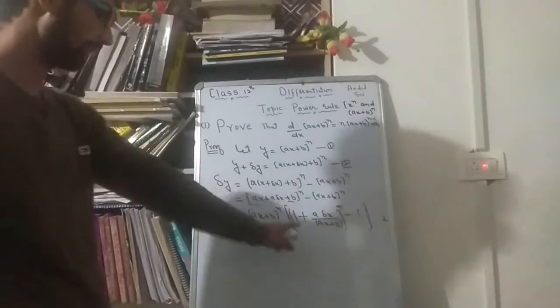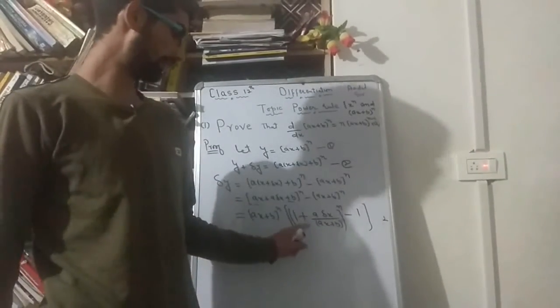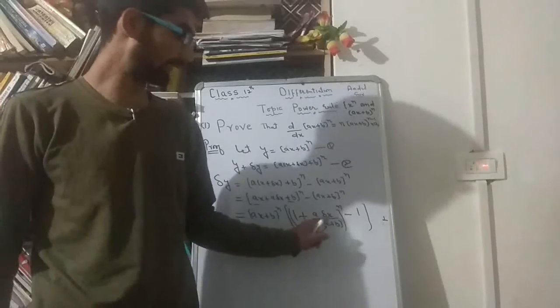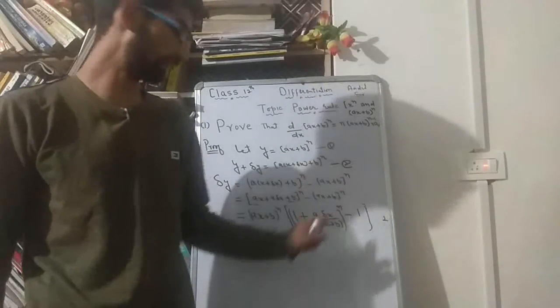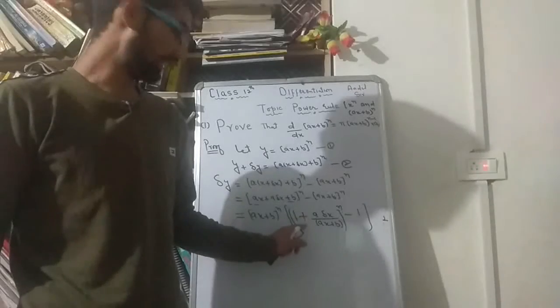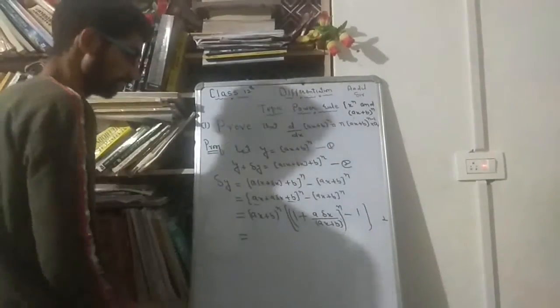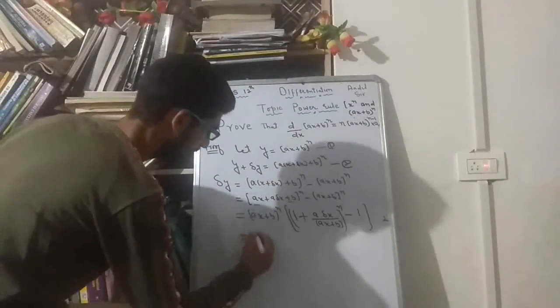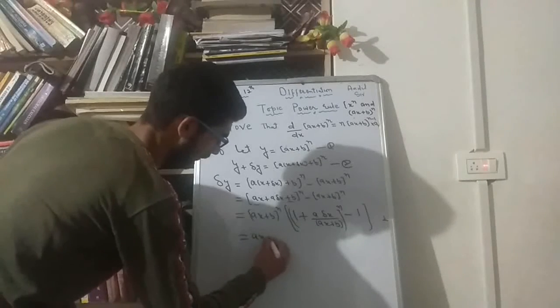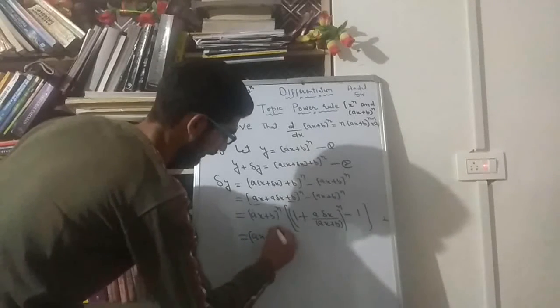Now it is again the formula: (1 + a) raised to the power n. By the binomial theorem we can give its expression, and we know the expression of it, so it will be now (ax + b) raised to the power n.